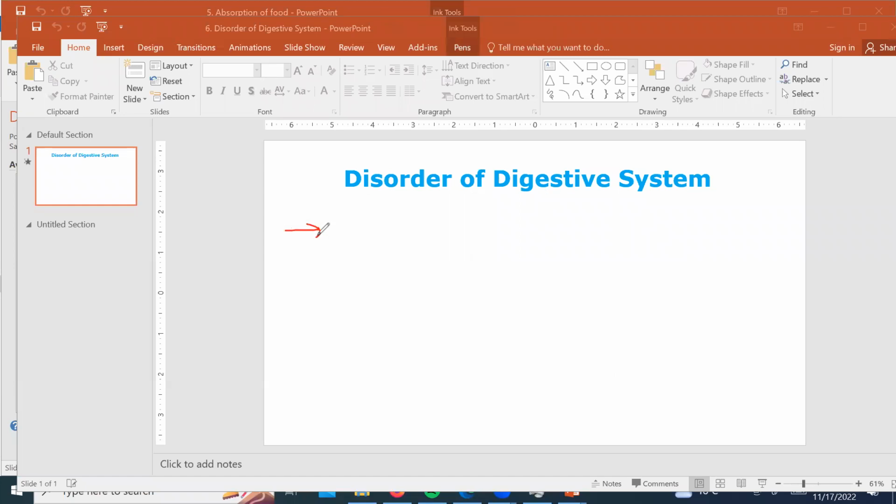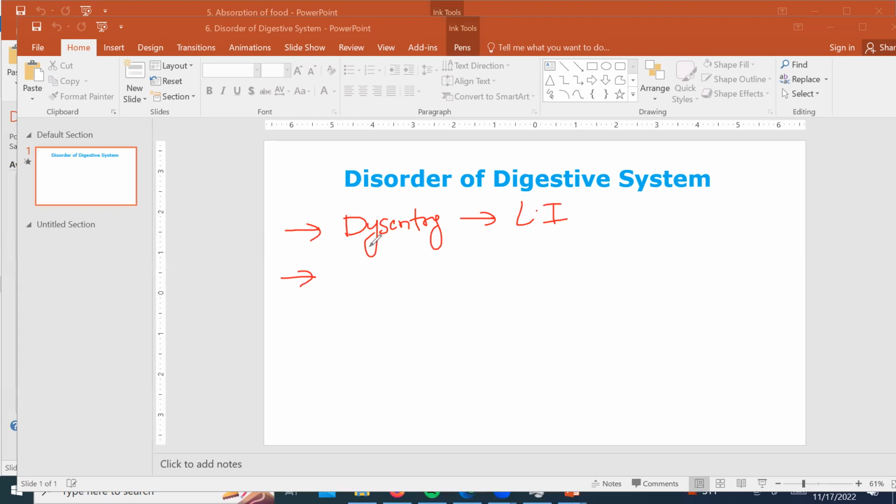Many disorders can occur due to the lack of many vitamins, as I said with vitamin B12. One of the common disorders is dysentery, which is due to the large intestine, we know very well. Second is the peptic ulcer.